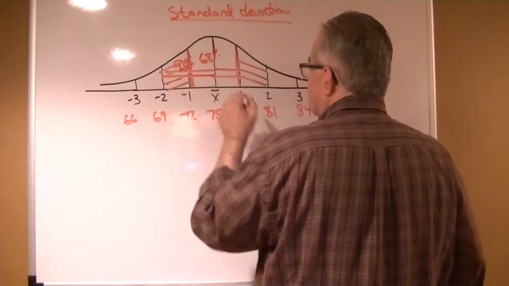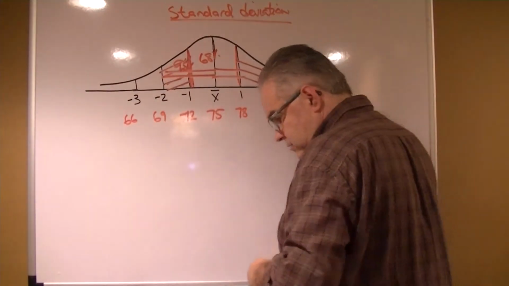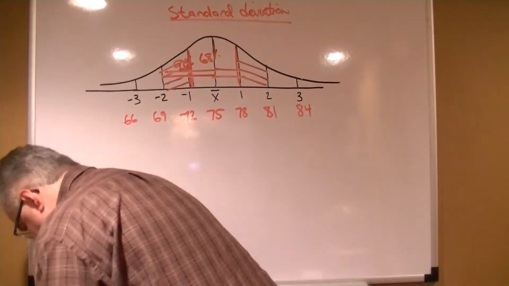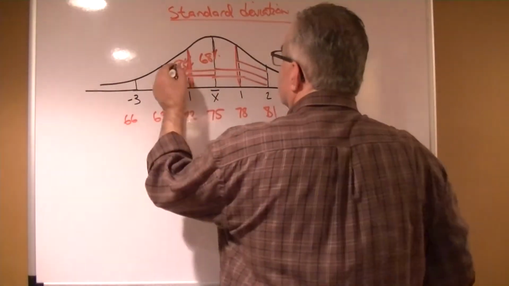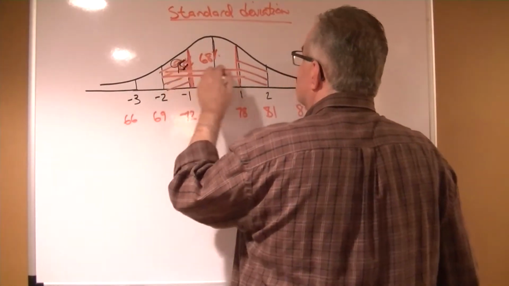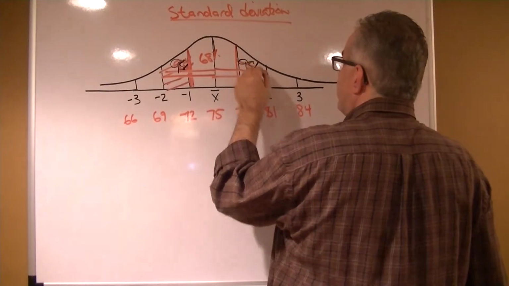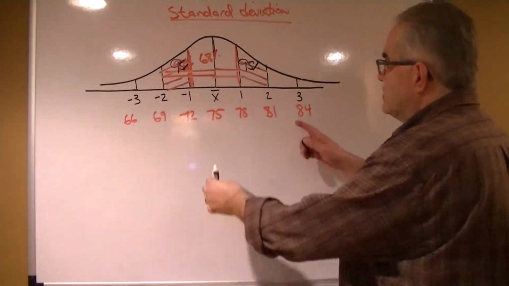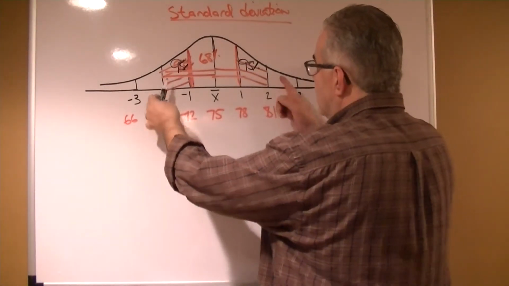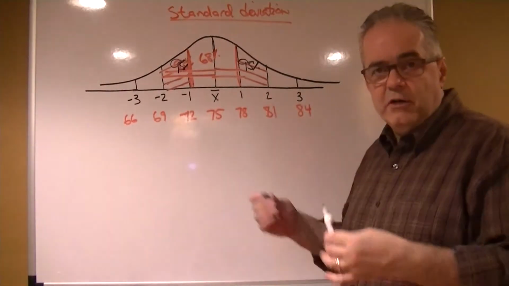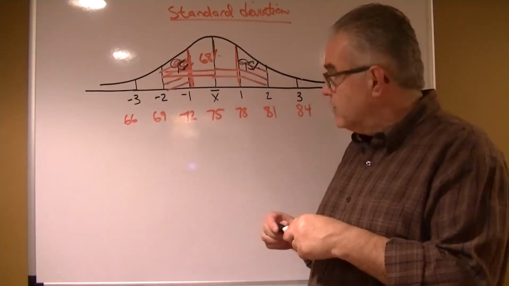Think about that. With two standard deviations, we almost get 100% of the heights involved.